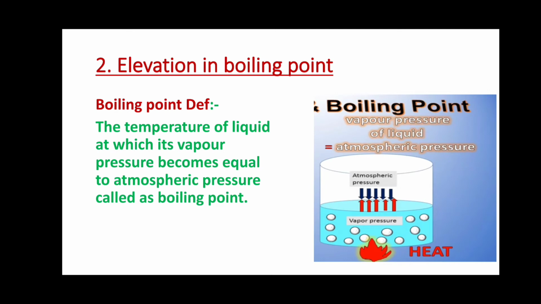To convert liquid into vapors, we need a certain temperature. By adding non-volatile solute particles, the vapor pressure is going to be very low, and the temperature needed goes towards very high temperatures.